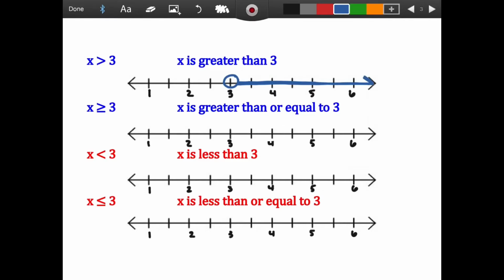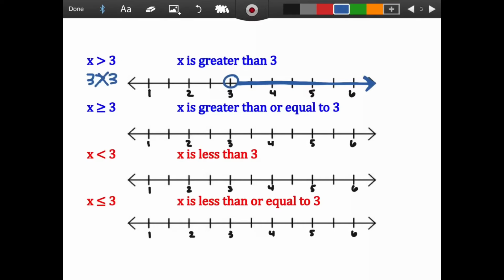So all values greater than 3, from 3.00000001 all the way to positive infinity, will make this inequality true. We have to have an open circle when it is greater than because we are not including 3 in that solution set. If we plugged in 3 here, 3 is not greater than 3 and this would not work.